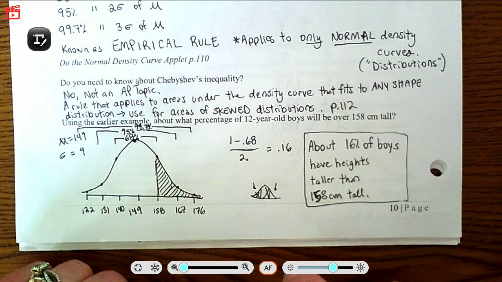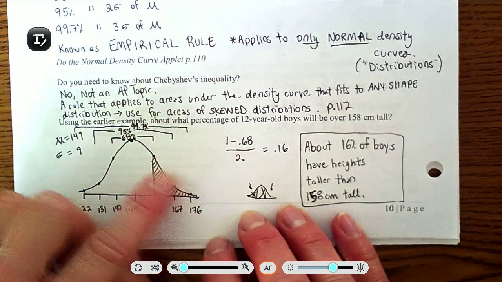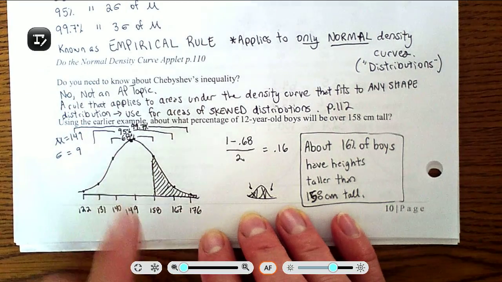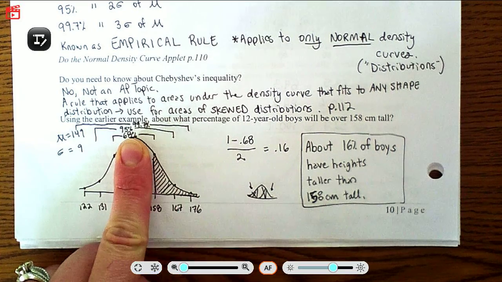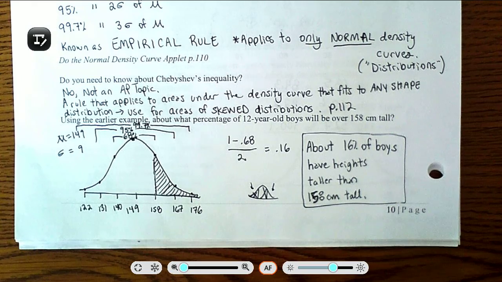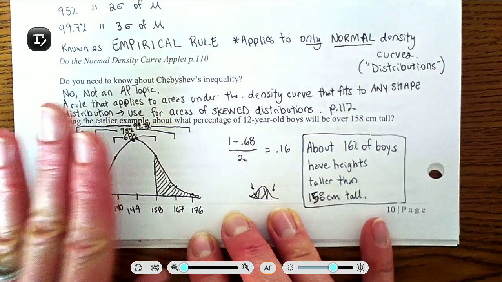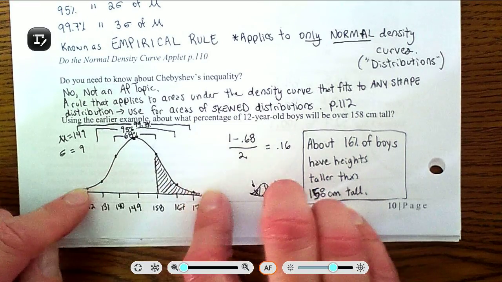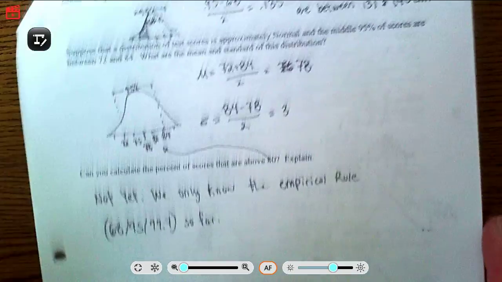Or I took 1 minus 0.68, which is the whole middle, and then I got left and right left over. Then I divided that by 2 because I only have right that I'm curious about. So about 16% of boys have heights taller than 158 centimeters. Be careful that 99.7 is not the whole, so be careful that you don't try to take away parts from 99.7, okay? Otherwise you'll be off by just that 0.3.